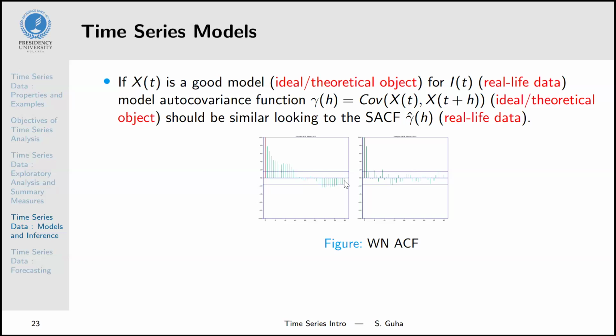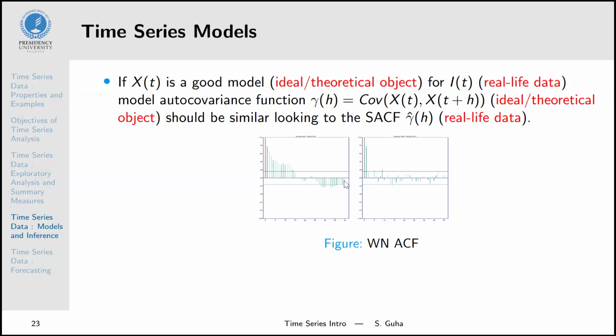Now, if this ideal object matches well with what you see in reality, which is the irregular component, the real life data, which is empirical, which is tangible, you can measure, you can get the value. On the other hand, this xt, which is hypothetical, is not something that you can measure. But it's a mathematical model, or a mathematical equation, I may say. So it is a mathematical equation for this real life data.